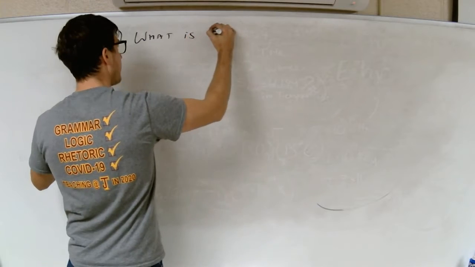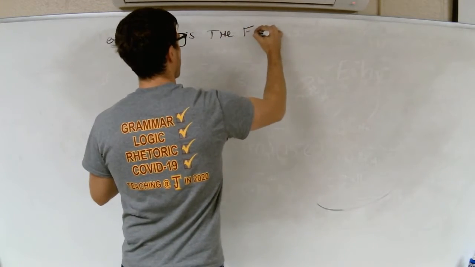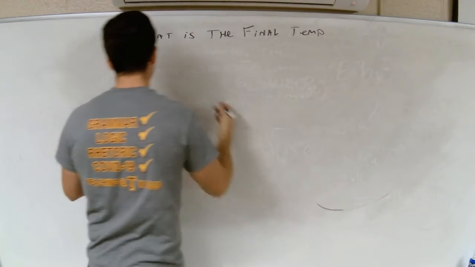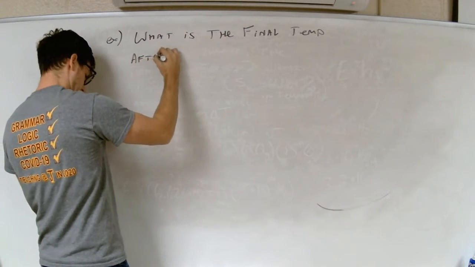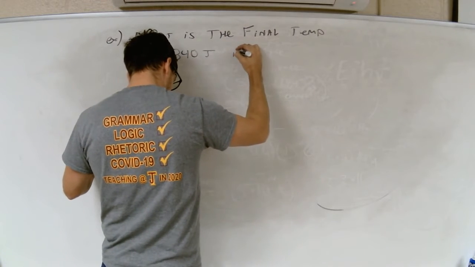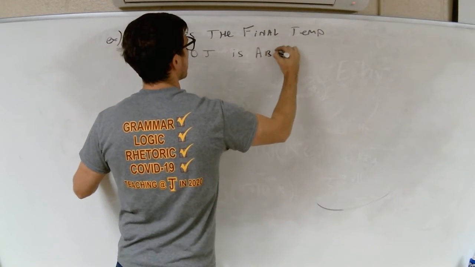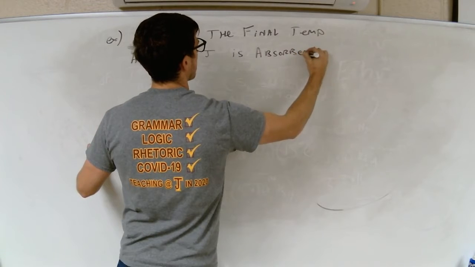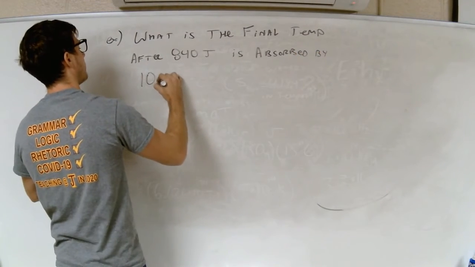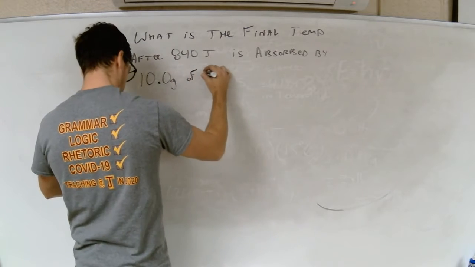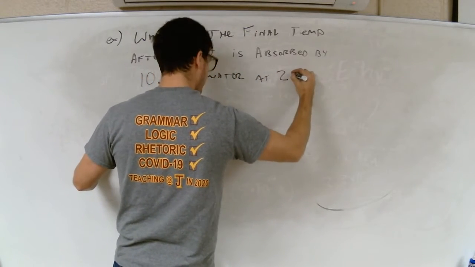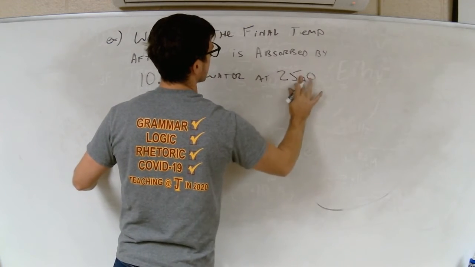What is the final temp after 840 joules is absorbed by 10 grams of water at 25 degrees Celsius?